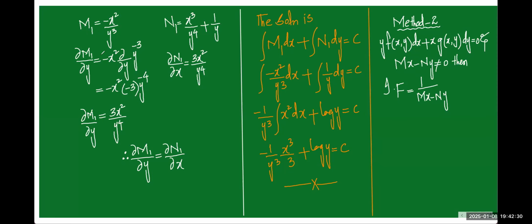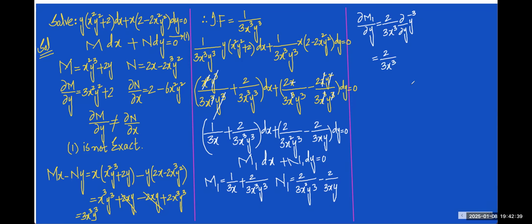We did the same thing here also. Why did we make the first term 0? Because there is no y term, and the derivative of a constant will become 0.